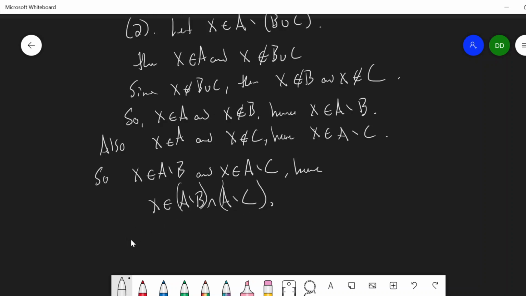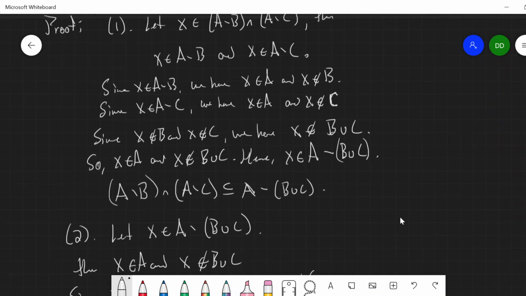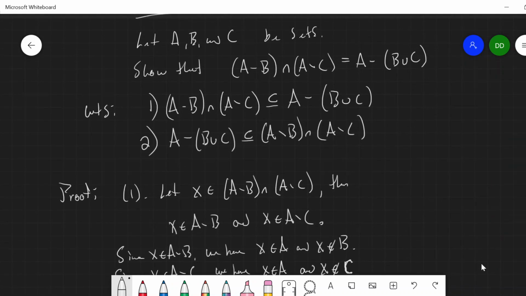And so what did we just show? We just showed that A minus B union C is a subset of A minus B intersection with A minus C. So we just showed that 1 and 2, that this set is a subset of this set, and this set is a subset of that set.